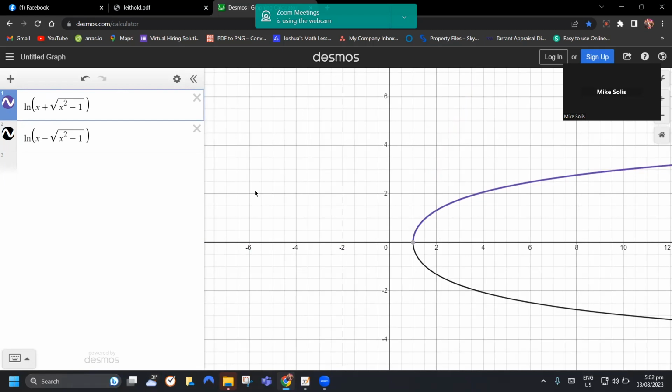Y equals cos x for x greater than or equal to 0, and y equals cos x for x less than or equal to 0, on the same axis, sa Desmos pa rin.